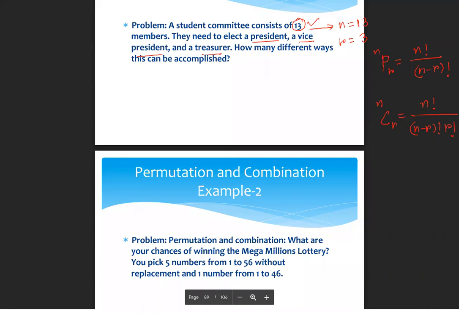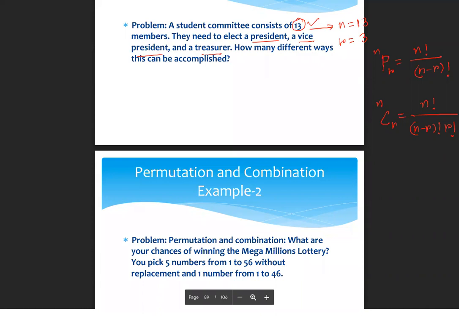I want you guys to help me. Combination? Because the order doesn't matter? Okay, so you think order does not matter. Any other thoughts, anybody? Does order matter here or not?